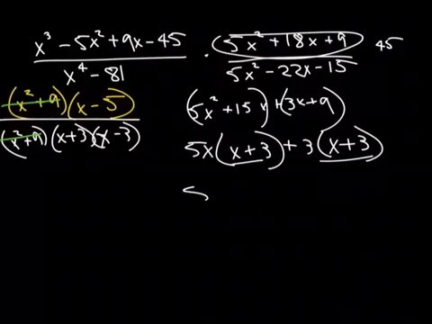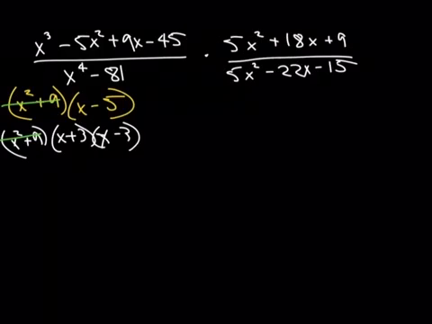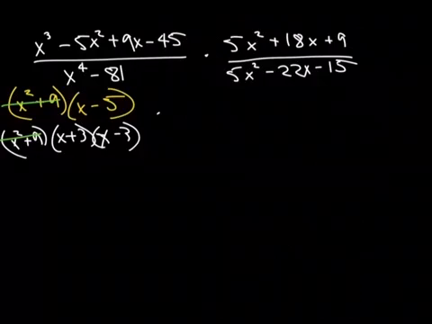Those are the same, so 5x plus 3 times x plus 3 is this simplified. So I'm going to replace my numerator with that now. So let's go ahead and put that up here. That was a 5x plus 3 times just a regular old x plus 3.